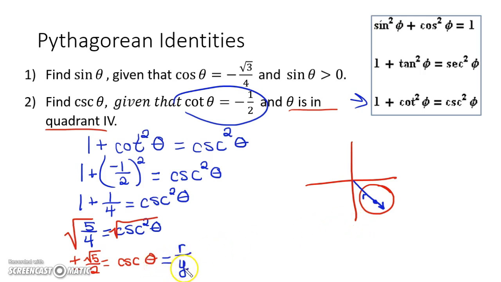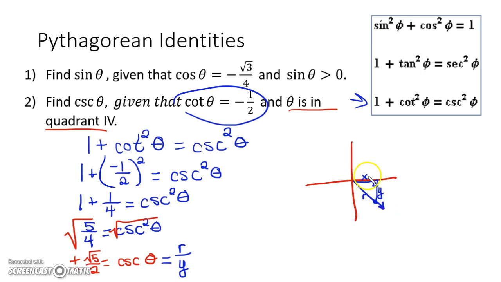And my y is going to be this value here. Let's make it look like an actual triangle. Okay. So here is your x and here is your y.